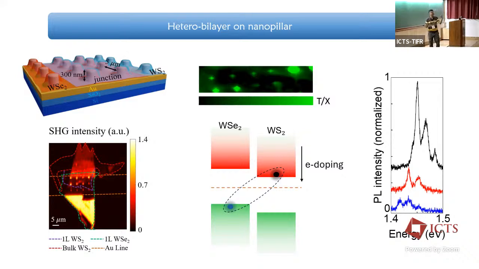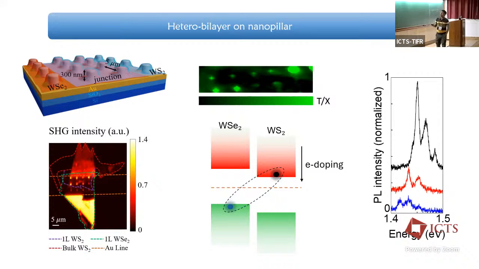So what it means is that if you excite with, let's say, an off-resonant laser, a lot of electrons will also funnel, not much of the holes. So excitons will funnel because there is a change in the band gap, and electrons will also funnel. So you are actually doping the top of the pillars.